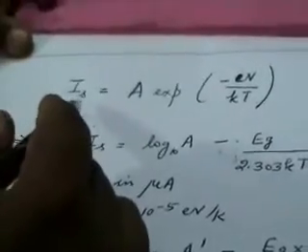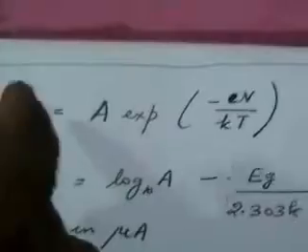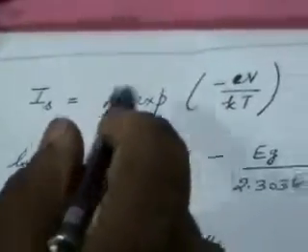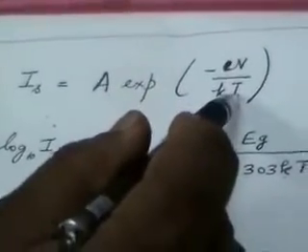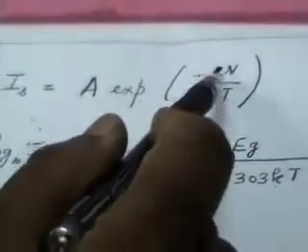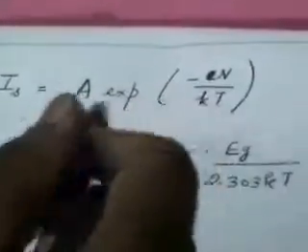The value of saturation current in the case of a reverse bias diode is Is equal to A exponential minus eV by kT, where A is a constant, k is the Boltzmann's constant, and T is the absolute temperature at which we maintain the diode, and the V is going to correspond to the band gap of the semiconductor.